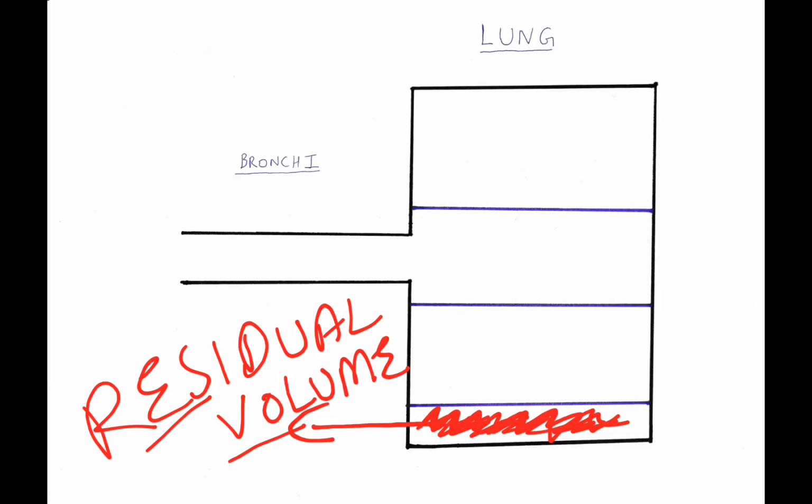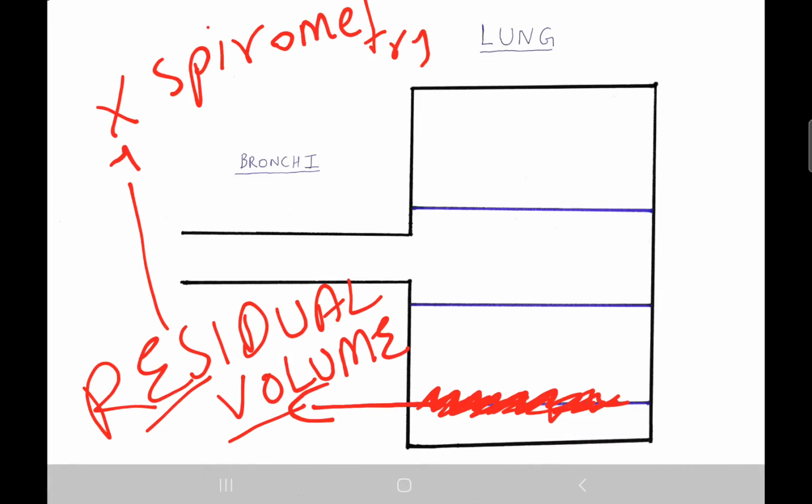Since residual volume does not take part in respiration, it cannot be measured by spirometry.